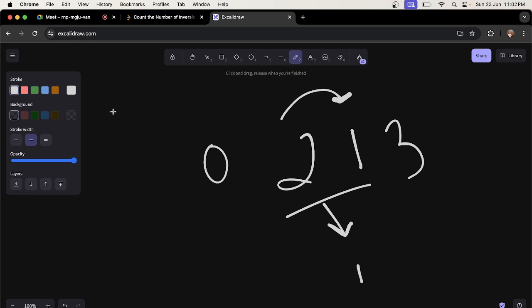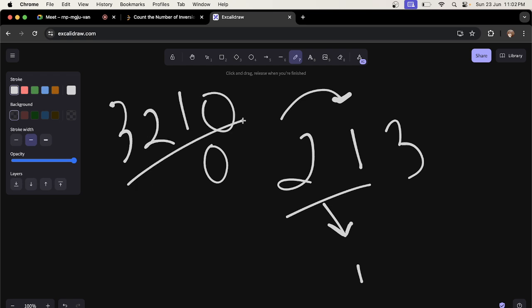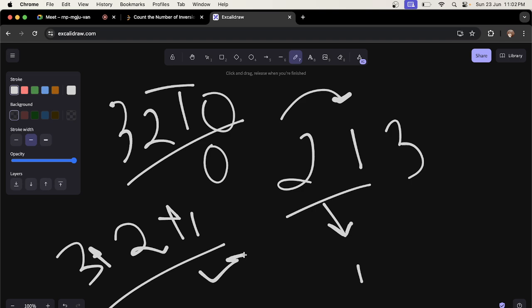Now if I take the example 3, 2, 1 and 0, the number of inversions here is: 3 comes before 2, 3 comes before 1, 3 comes before 0. So 3. Now 2 comes before 1, 2 comes before 0, so 2 more inversions. Now 1 comes before 0, so 1 more inversion. So total 6 inversions are there in this array.